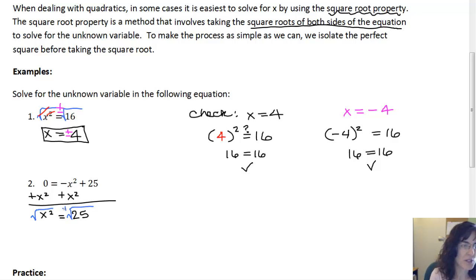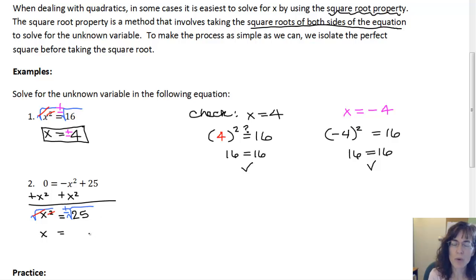So I'll put the plus or minus on the right hand side, and on the left I can see my squared and my square root undo each other, and I'm left with just an x on the left, and 25 is a perfect square, and the square root of 25 is that number that you multiply by itself to get 25, and that number is 5, because 5 times 5 is 25.